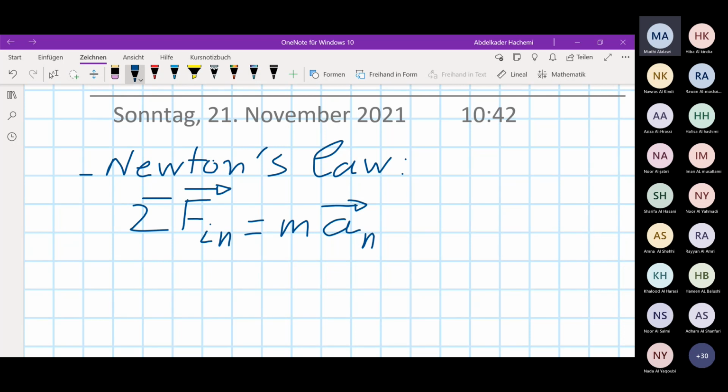And the same for the sum of the forces in the tangential direction: the mass multiplied by a tangential.